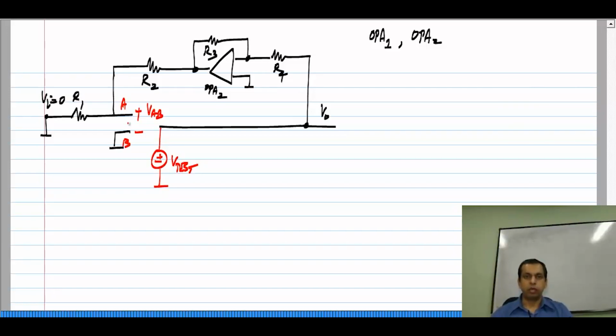The only thing is what to do about the other op-amp. So, we have this other op-amp also. So, how do we deal with that? The easiest thing is to assume that it's in negative feedback already. We don't know what the signs are, but it's operating as though it's in negative feedback. So, that means that its inputs are virtually shorted.